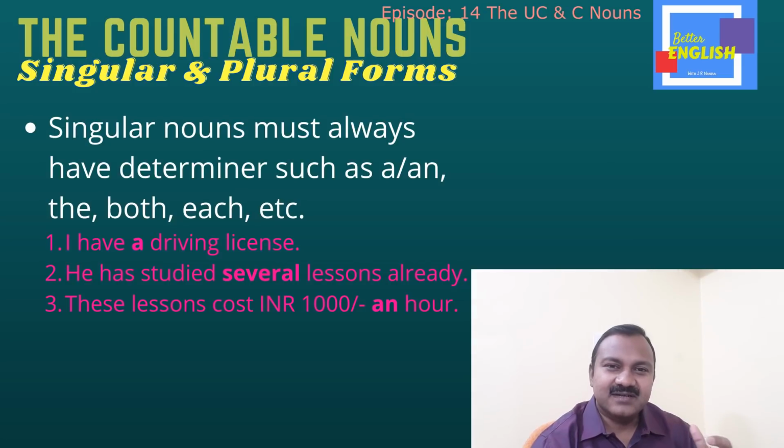He has studied several lessons already. Here, several is the determiner. The lessons cost 1000 rupees an hour. Here, an hour. Hour is the singular countable noun and an is the determiner. That's how the rule goes, that a singular countable noun must be preceded by a determiner, like a or an or the or both or each, likewise.